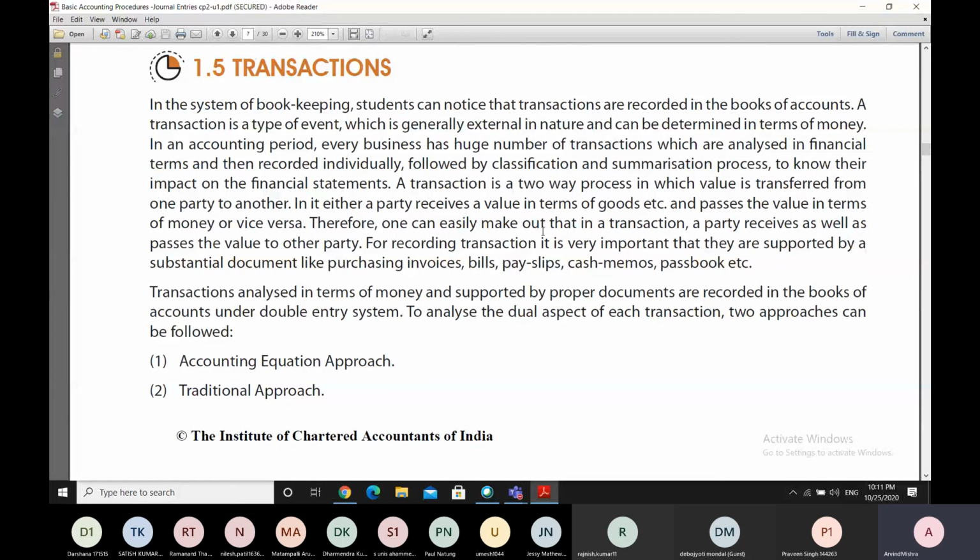So if you understand the very basis correctly, then only when you go forward there will be no confusion. Otherwise, a lot of confusion can emerge. So I'll request you to go through it very carefully. This is the journal entry chapter, the most important unit of bookkeeping and accountancy.